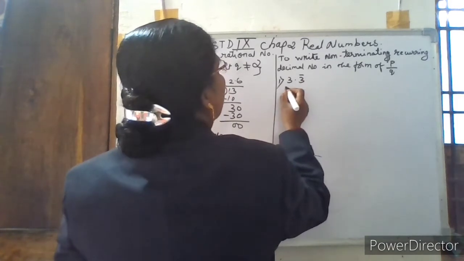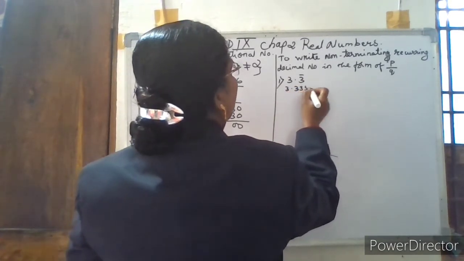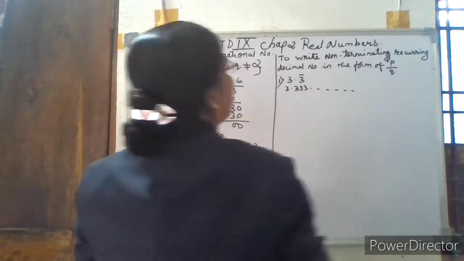This can be written as 3.3333 and so on.